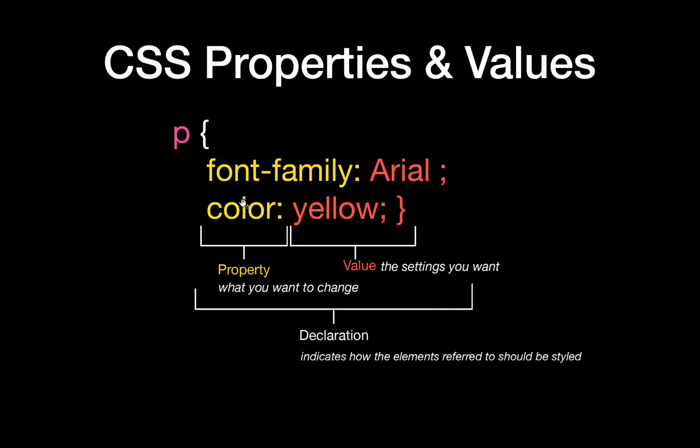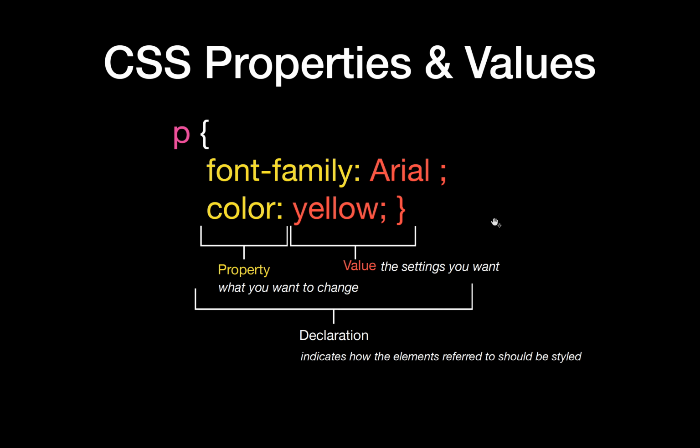So if we jump down here, for example, we are still doing a paragraph, but we want to change the color, and the value of that color is yellow, okay? I do want to point out, and we'll experiment with this in class, you can have multiple declarations in one CSS rule. So here with this paragraph, we're not only modifying the font family, but we're modifying the color of the text as well, okay?